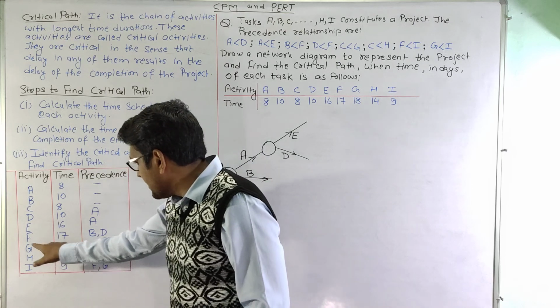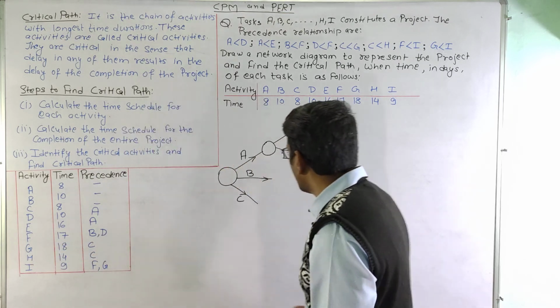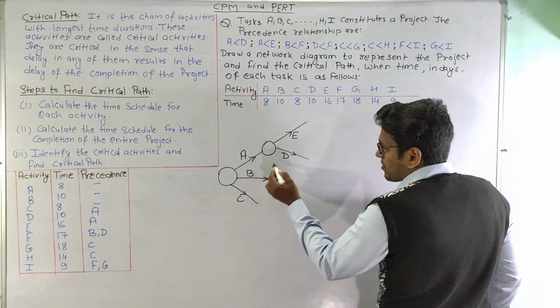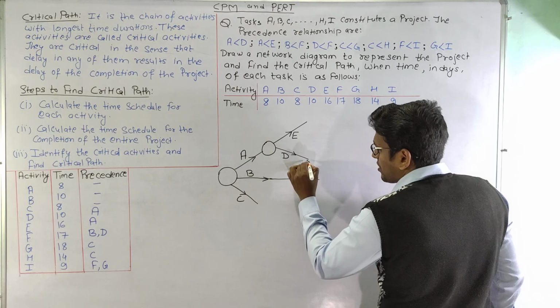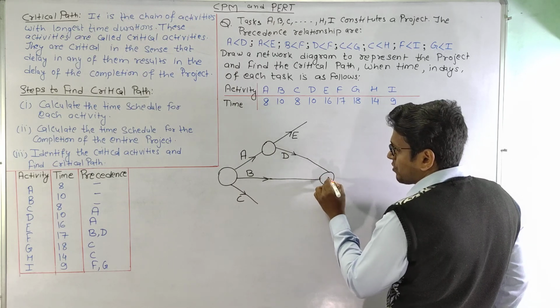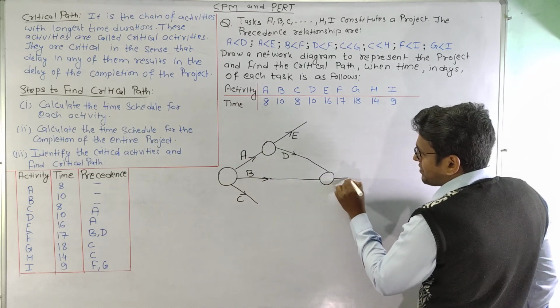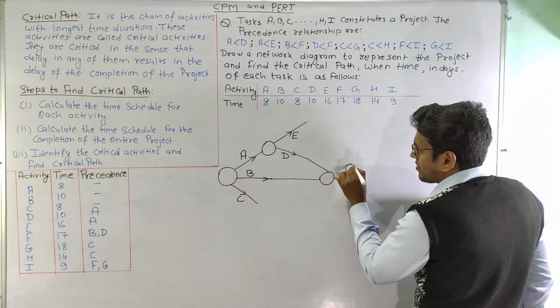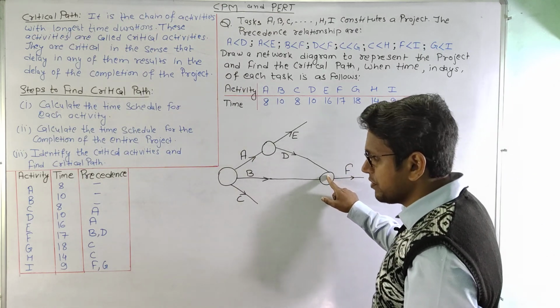Now activity F is preceded by B and D. So we can see that B and D are here, so we will converge these two into a single node. And now at this node activity D and B are completed, so we can start activity F from here. So activity F starts from this node.